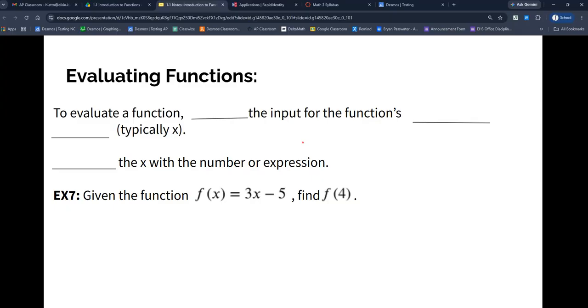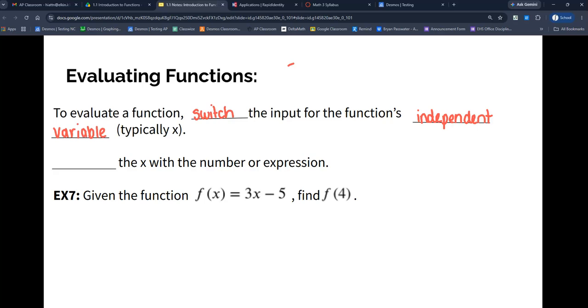So when you're evaluating a function, you are going to switch the input for the function's independent variable. A lot of times the independent variable is the x.